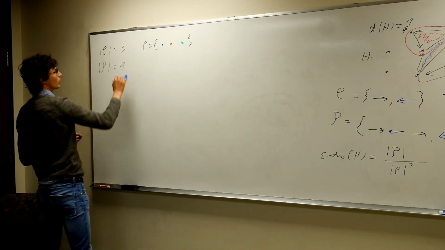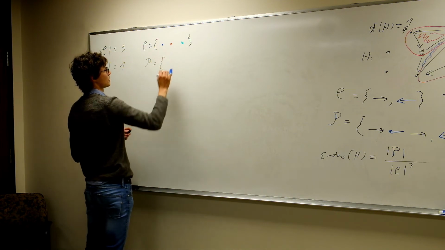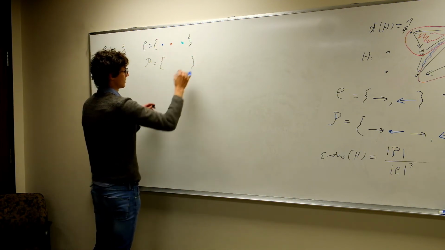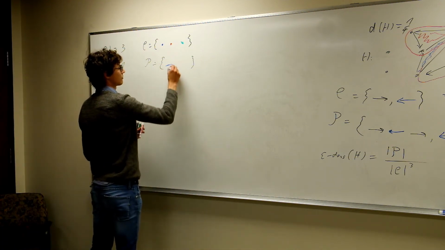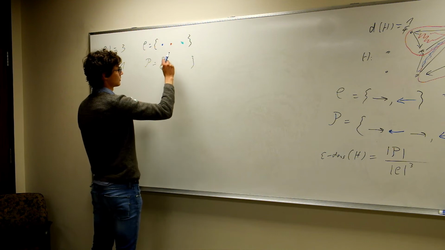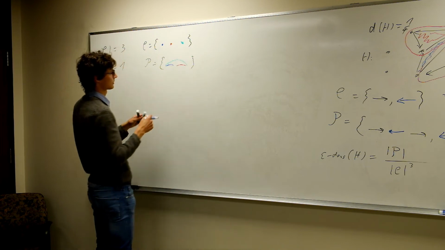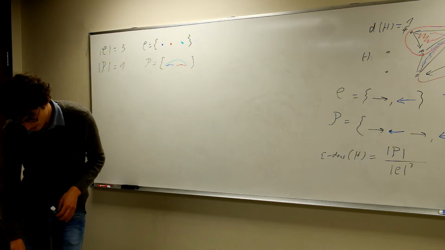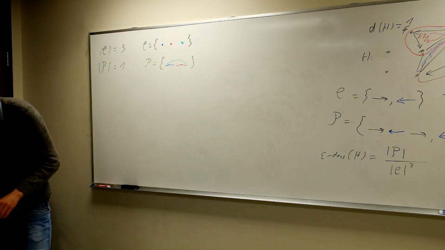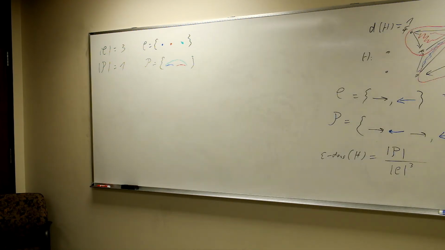And we choose here 1, meaning the palette might be: choose the left edge blue, the middle edge or the top edge green, and the right edge white. So that's the smallest value we can obtain by all this principle.